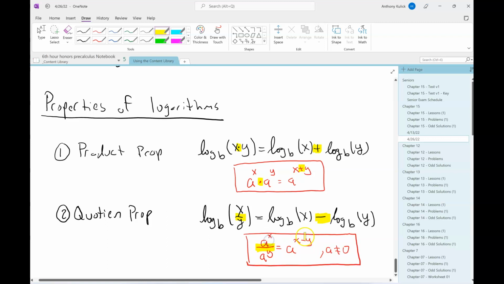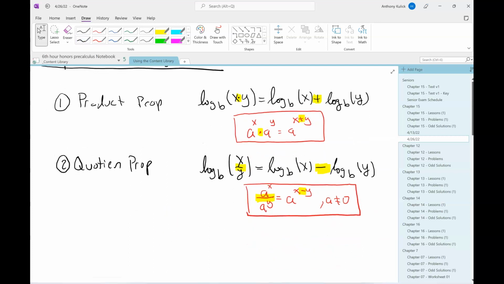Again, division outside the exponential turns into subtraction inside the exponential. These seem less weird when we link them to these properties of exponents that we're already pretty comfortable with, right? Hopefully.